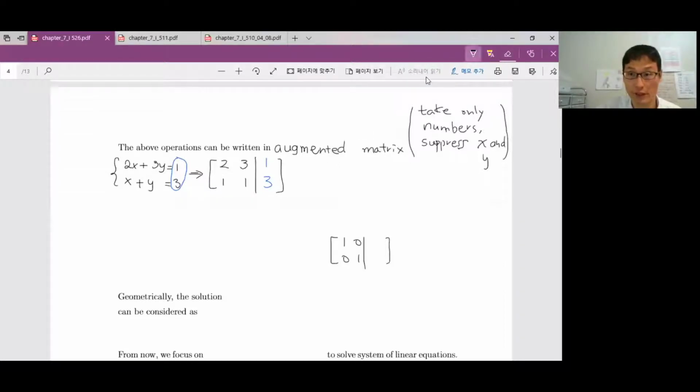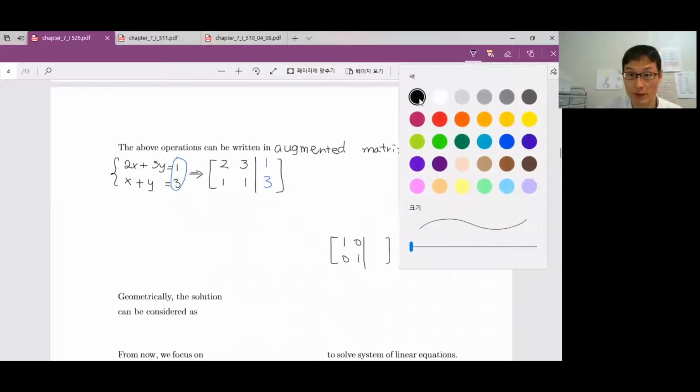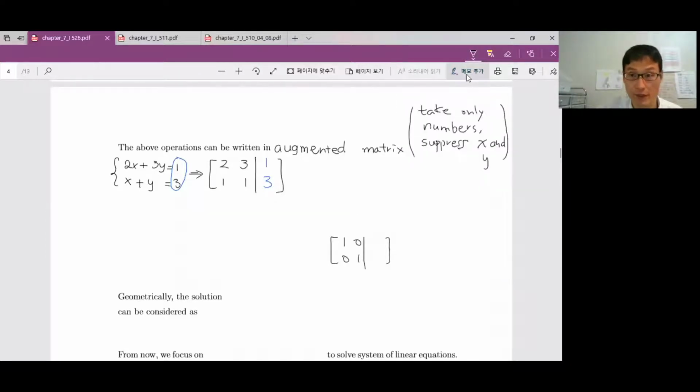Look at our goal. In our goal, we need 1 in the very first entry. That tells you the direction or the operation that you want to apply.